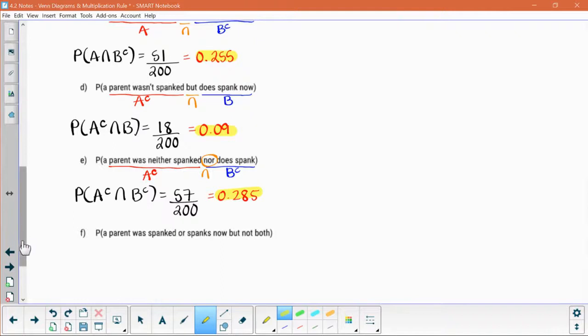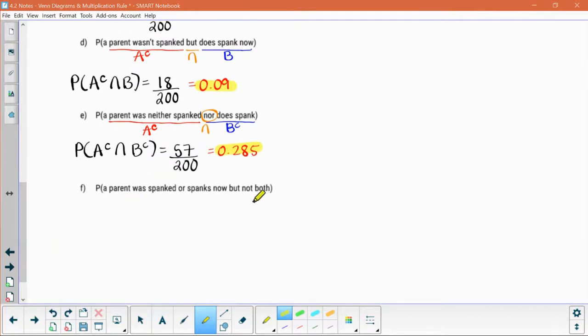0.285. And this is a little tricky one because it's not necessarily going to be one probability statement, because we will, again, in a future lesson, approach a problem like this in a different way, but we can still answer it just using Venn diagrams.